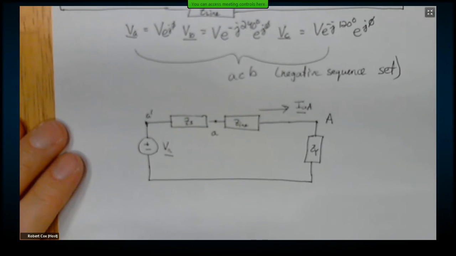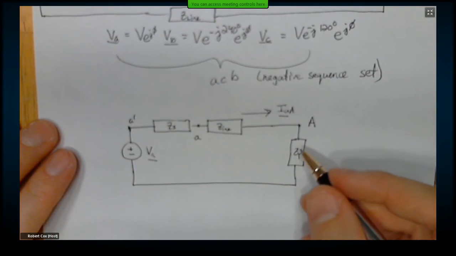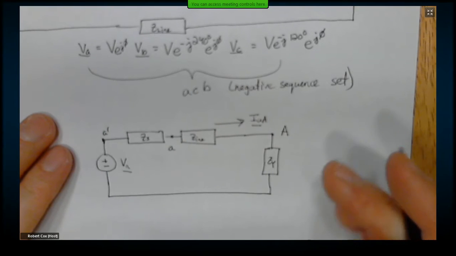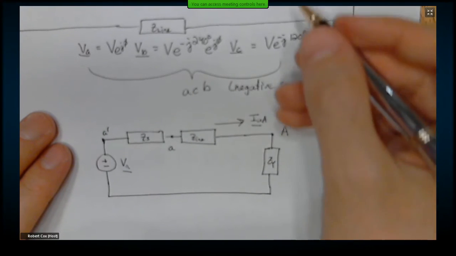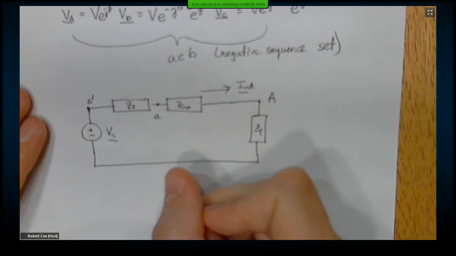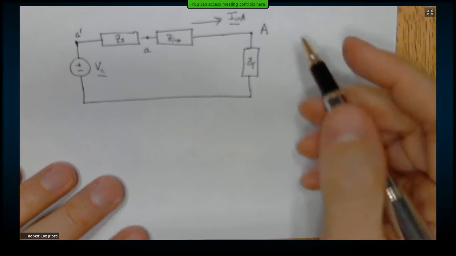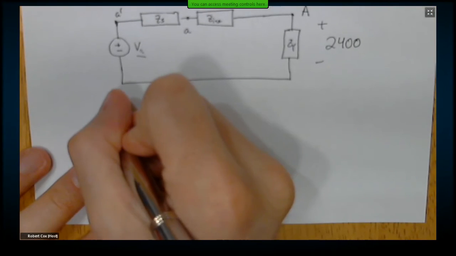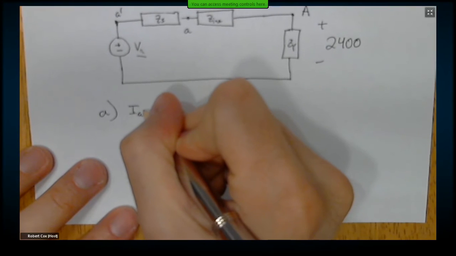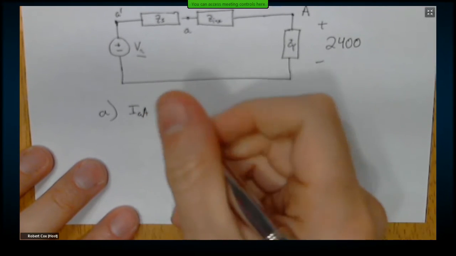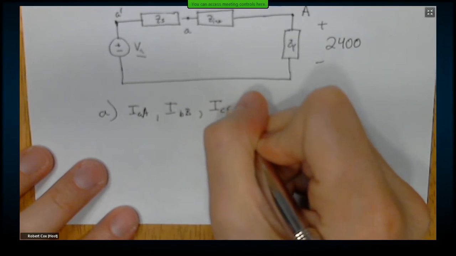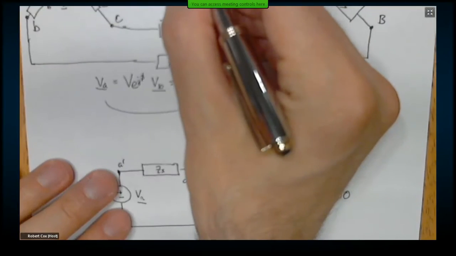This is pretty easy to do here. What do I know? I know this voltage here, 2400. They ask me what are IaA, IbB, IcC.